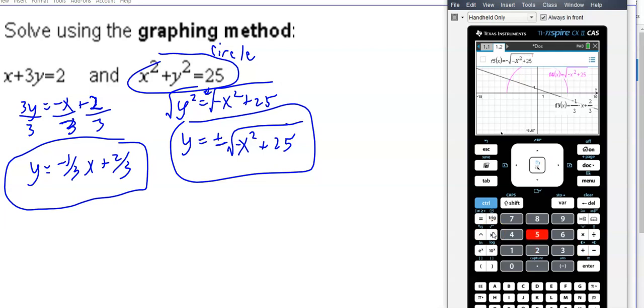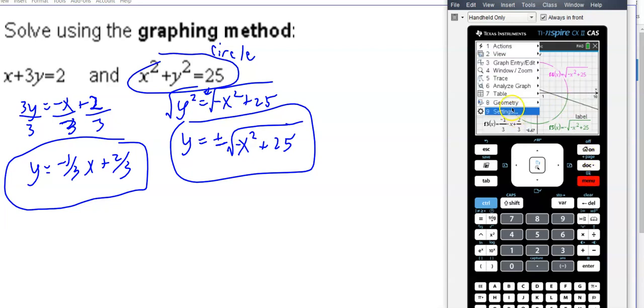This should be the bottom half of that circle. Again, I'm trying to find out where the circle intersects that linear line. I think I'll have to do the intersection point tool twice, because the line intersects the pink part of the circle and the green part of the circle. Because there are different functions, I'll have to do this twice.